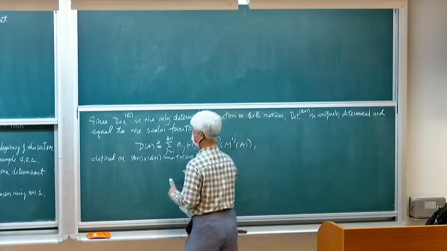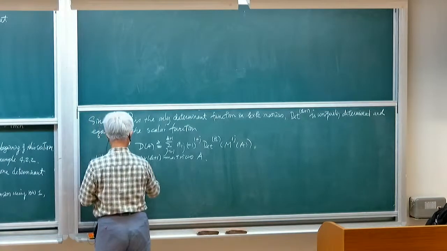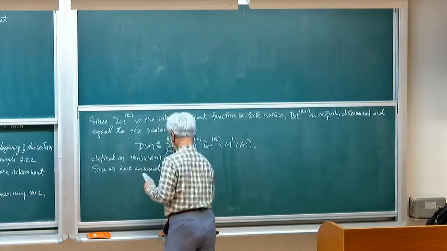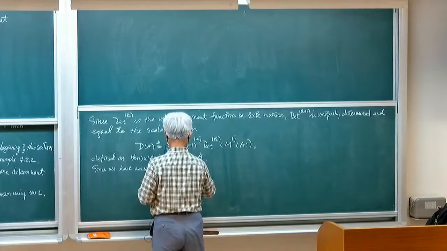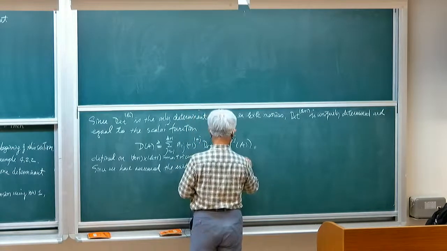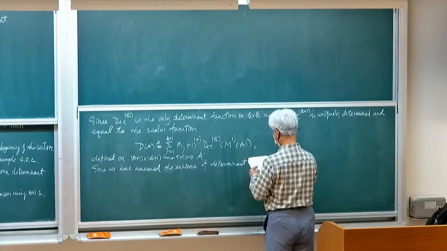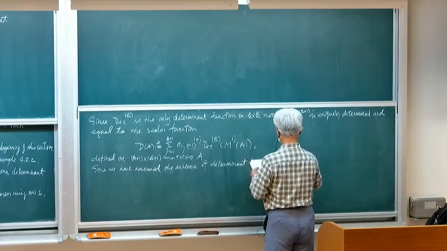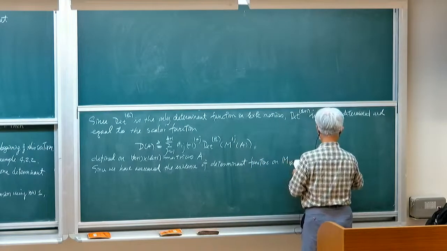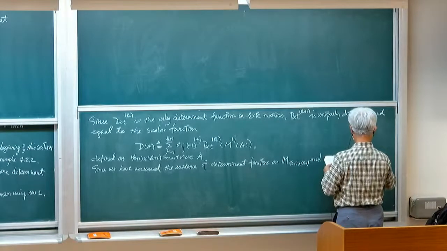Now, since we have assumed the existence of determinant functions on k minus 1 times k minus 1 matrices and on k times k matrices respectively, right?